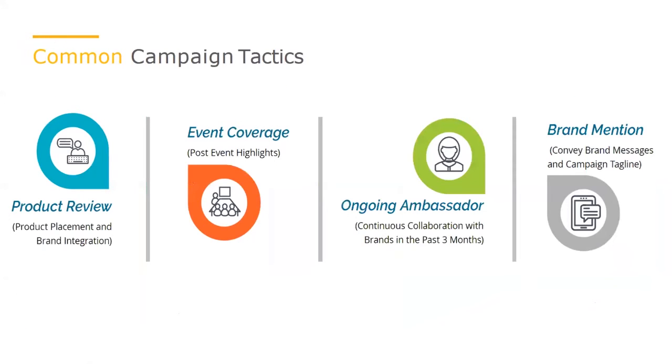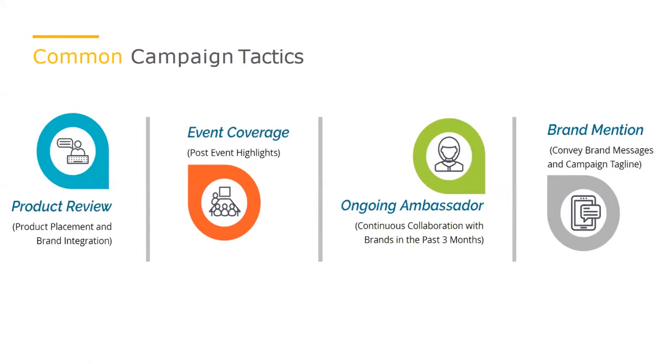And the next thing is the common campaign tactics, like how your celebrity reviews the products and your event, and how much coverage they have reached. That means what the opinions are after they attend the games, and whether your influencer will be your ongoing ambassador throughout the whole year or even the next few years. And the brand mention.